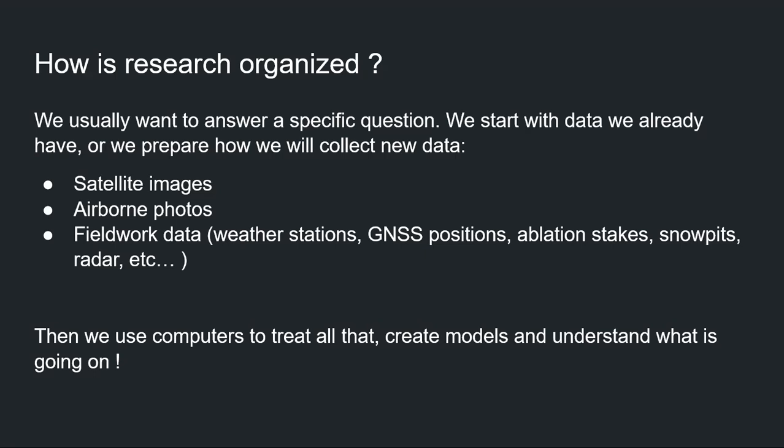You have something on a computer, and whenever you modify a parameter, you see what's happening to the glacier. All of that is based on your understanding of physical laws. So that's the goal: gathering data, putting that into a model, or creating a model in our case, and then seeing what's going to happen.